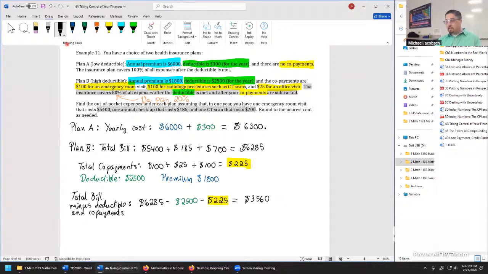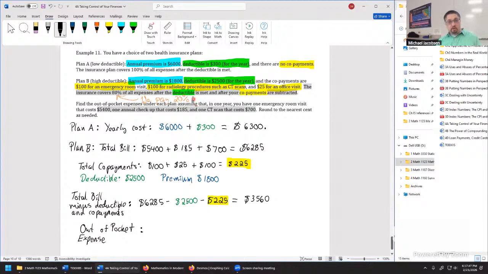So let's give this a good title. We have the total bill minus deductible and co-payments. So we can say out-of-pocket expense is going to now be, we're owing 20% of this.